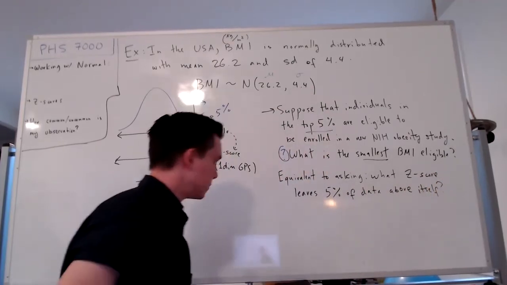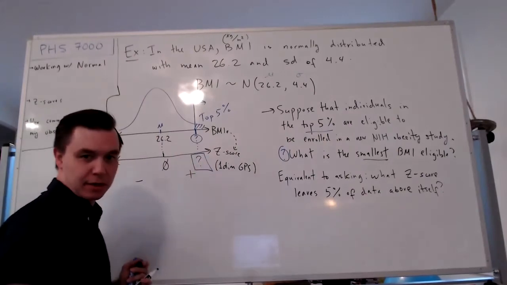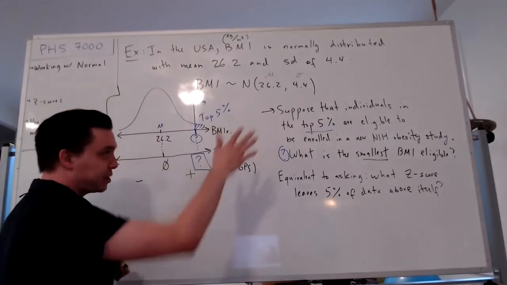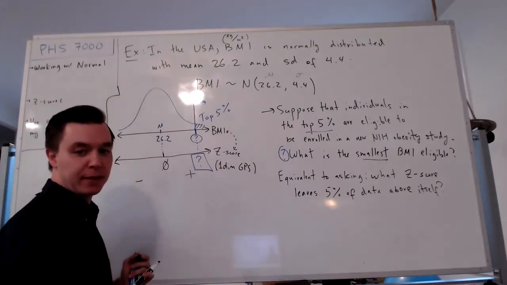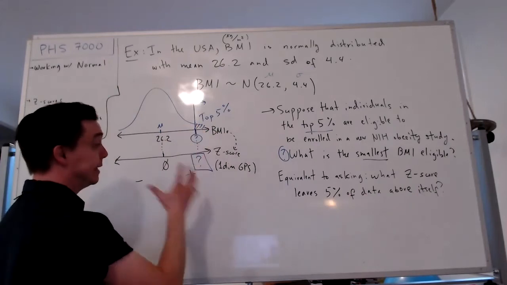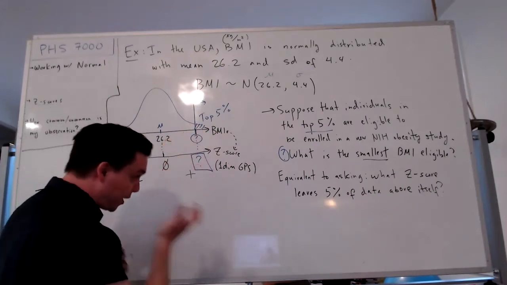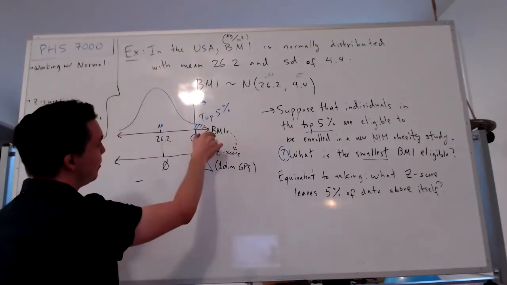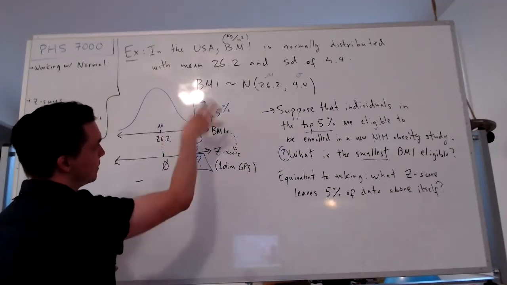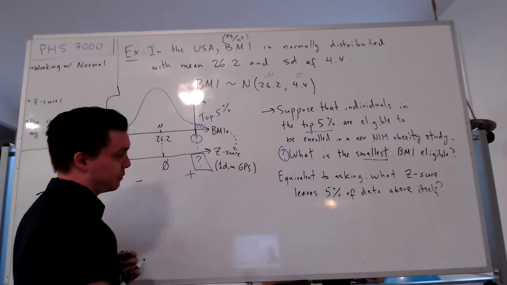So, to recap, we're not interested in a Z-score, right? When we're enrolling patients, we're interested in their BMI. We're going to compute their height, we're going to compute their weight, and we're going to compute their BMI. But, you know, it's very often easier to work on the Z-score scale. And asking what is a BMI that leaves 5% above itself is the same as asking what is the Z-score that leaves 5% above itself.